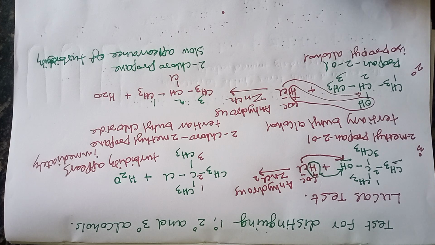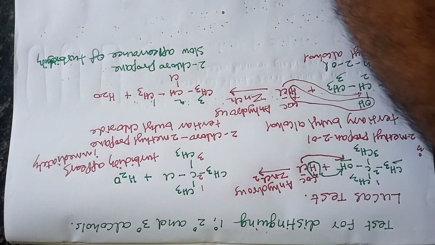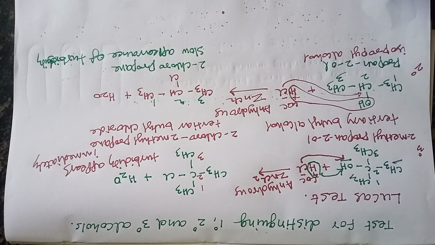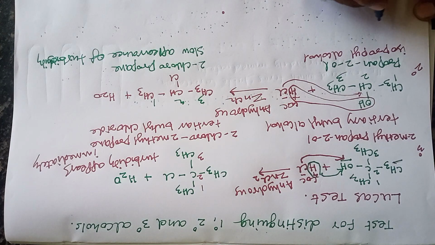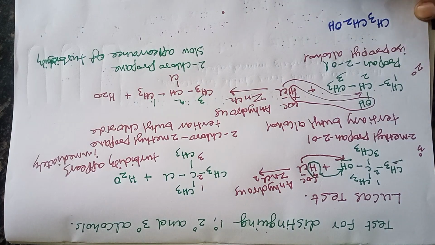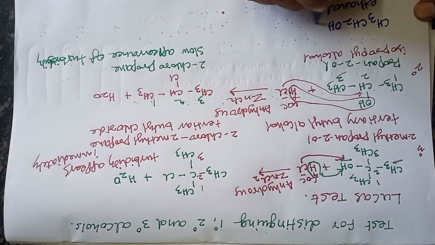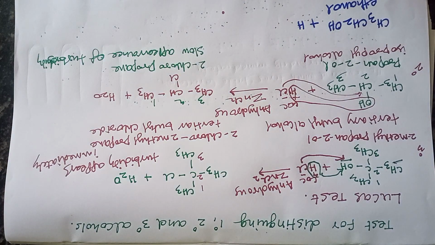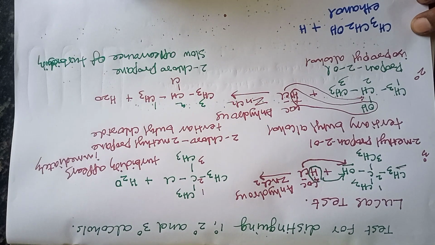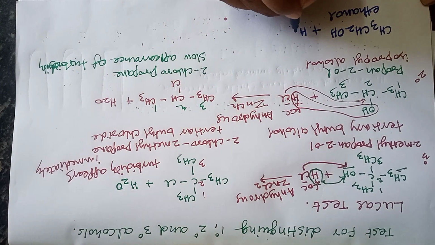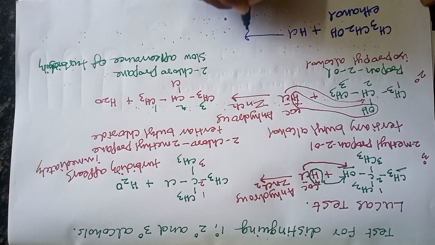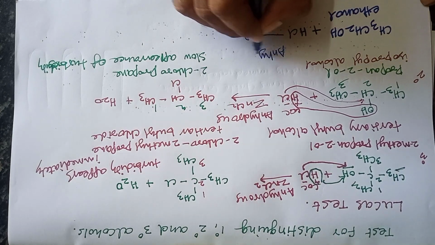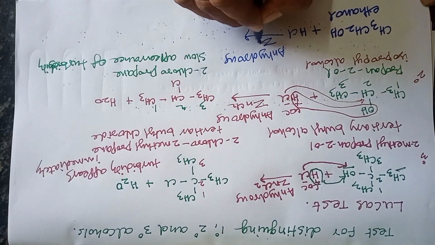If you take primary alcohols, for example, CH3, CH2, OH, ethyl alcohol or ethanol. It reacts with the Lucas reagent, HCl in the presence of anhydrous zinc chloride.